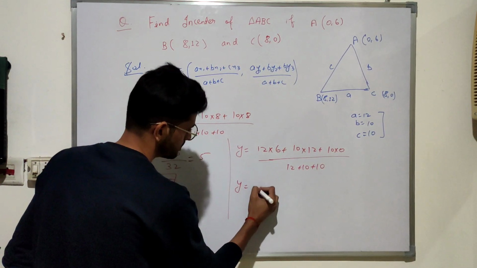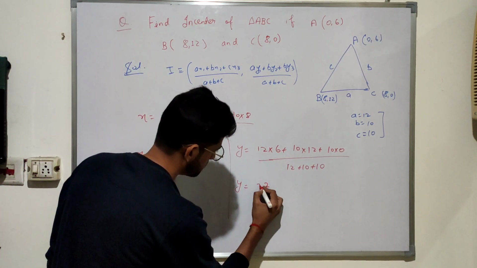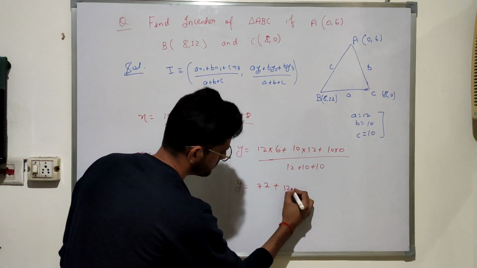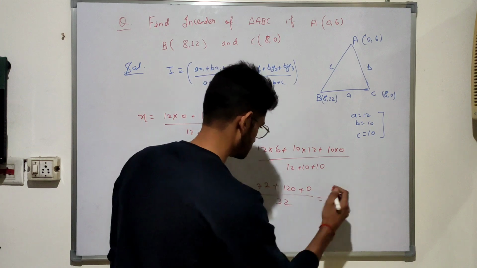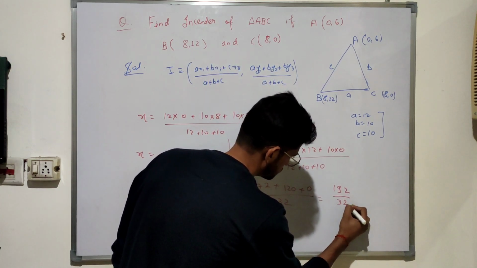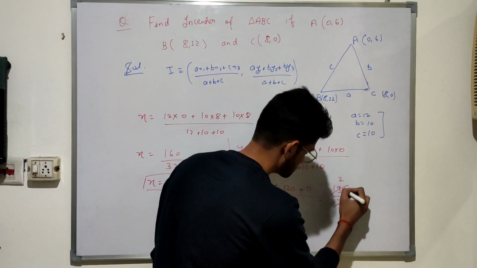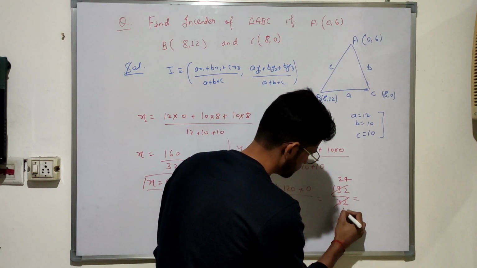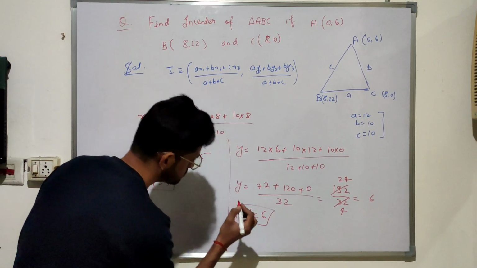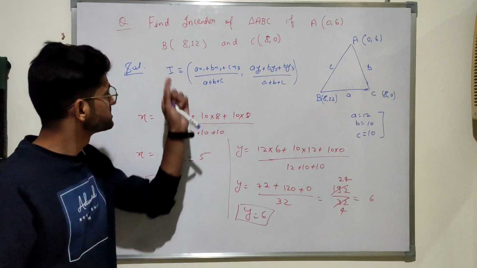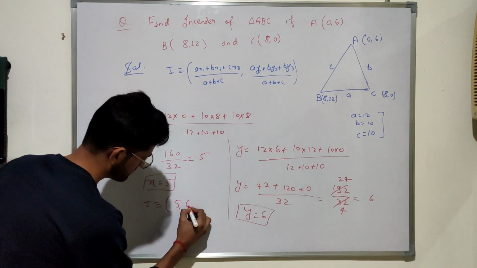So 12 times 6 is 72, plus 10 times 12 is 120, plus 0, divided by 32, which is going to be 192 upon 32, which is going to be 6 basically. So y is equal to 6. So the coordinates of the incenter of this triangle ABC is going to be 5, 6. So I is going to be 5, 6.